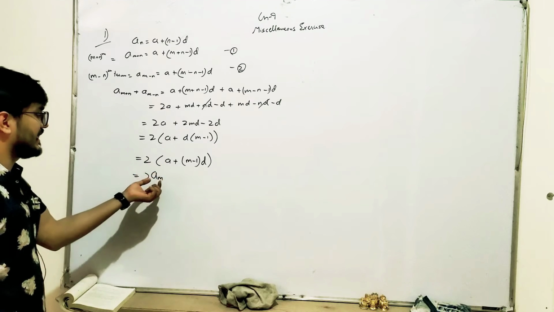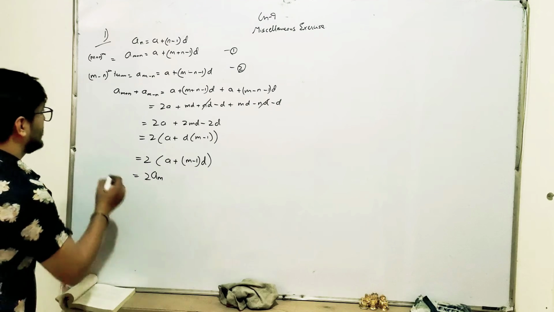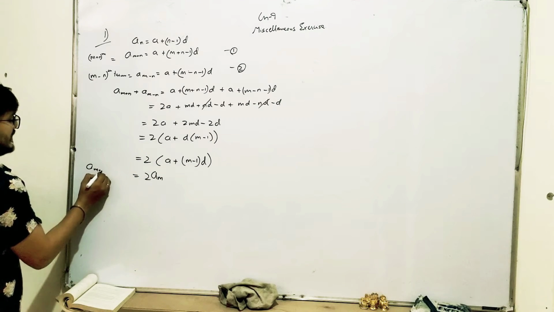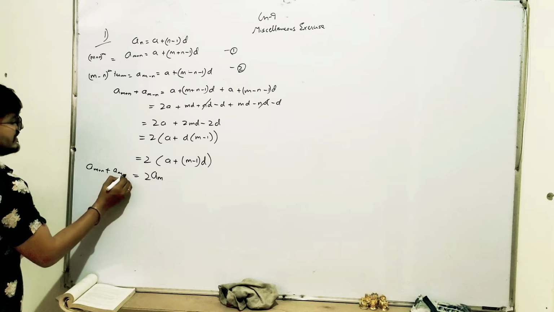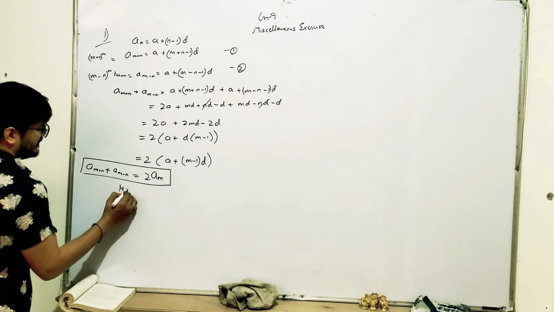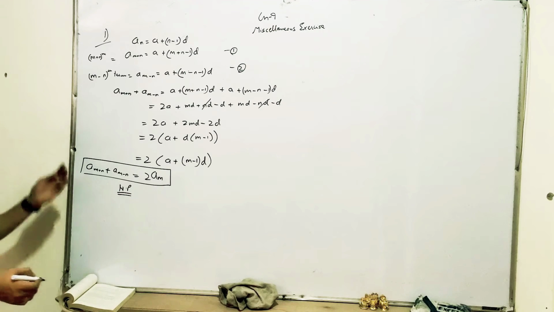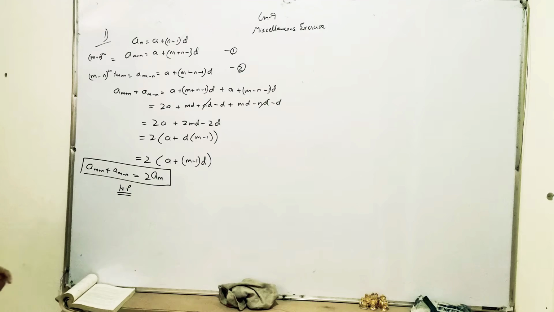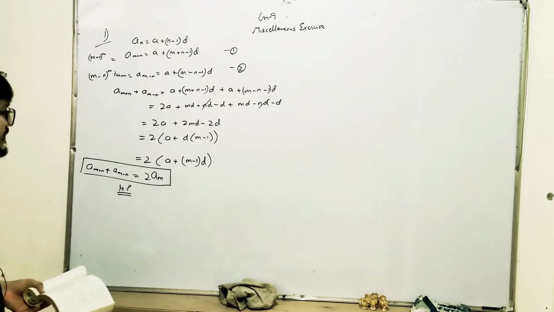Because a_m is a plus m minus 1 d. So a_(m+n) plus a_(m-n) is equal to twice a_m, hence proved. So this is our solution of question number first.